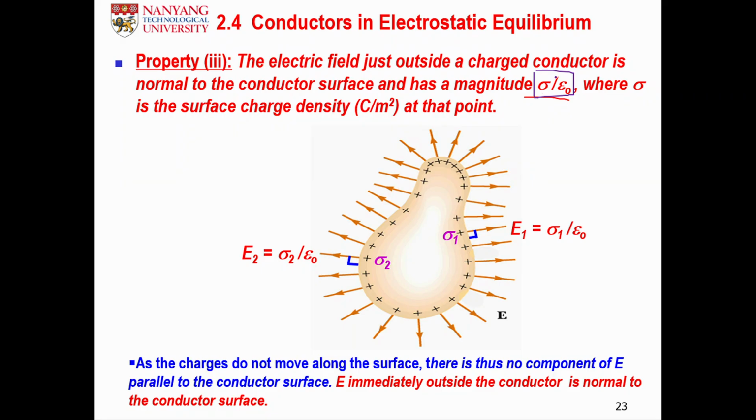Let's say at this point you have E1 equals sigma 1 over this constant, while at another point, E2 equals sigma 2 over this constant. And E1 and E2 may not be the same because sigma 1 and sigma 2 may not be the same, right? So how is this derived?